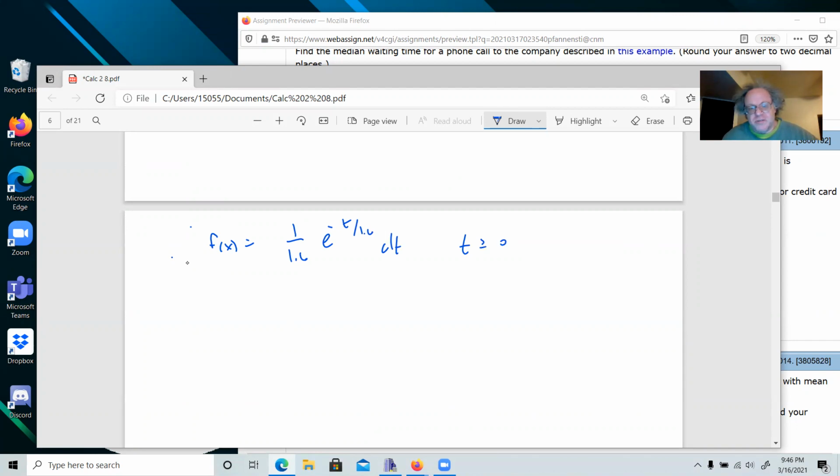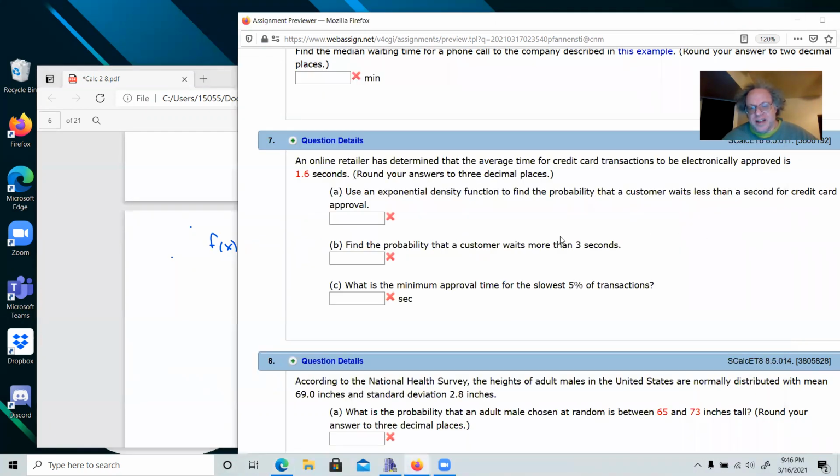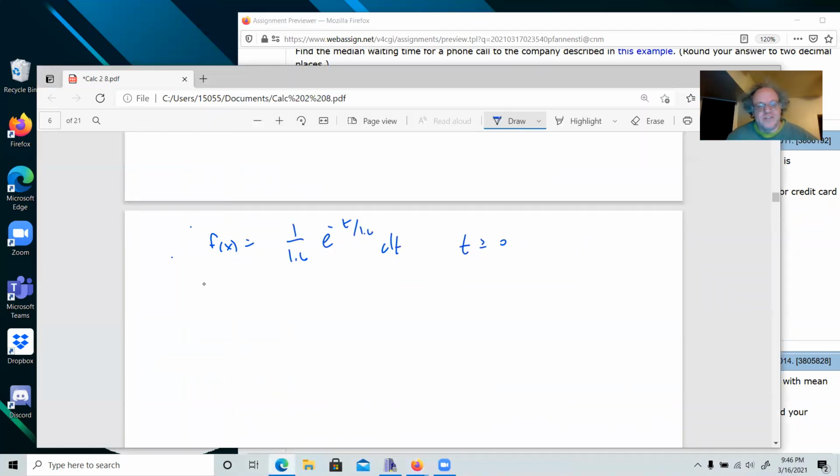What I do expect you to memorize or to know is the probability it takes less than 1 second. How do you set that up? That's simply going to be the integral from 0 to 1 of 1 over 1.6 e to the negative t over 1.6 dt. What is 1 over 1.6?